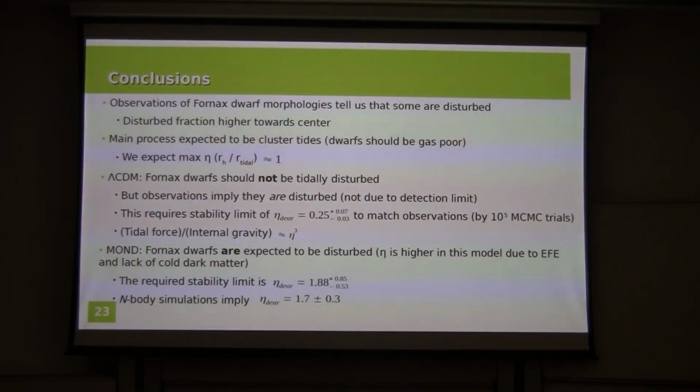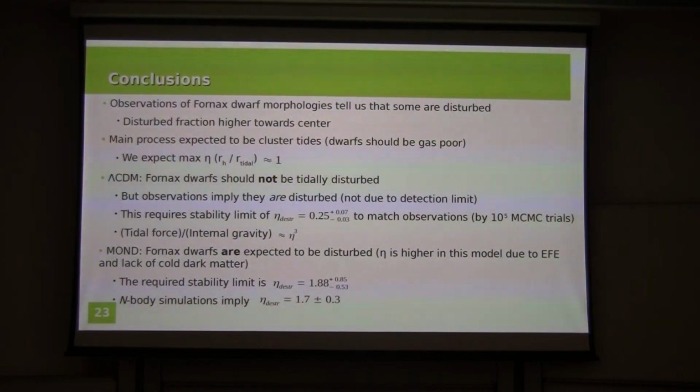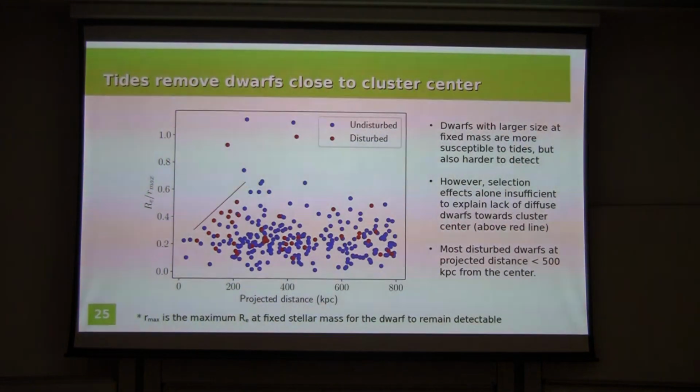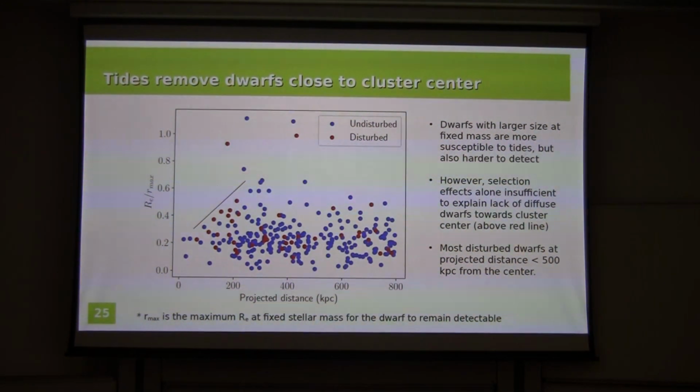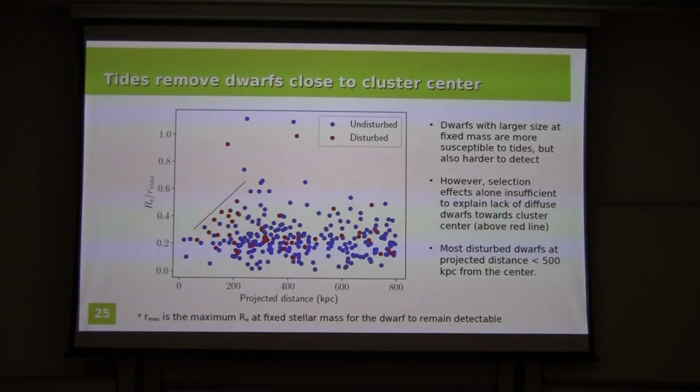So I was wondering whether you can use your simulation to have an estimate of what the amount of intra-cluster light should be in MOND as well as Lambda CDM, so that it can be directly compared with observations.